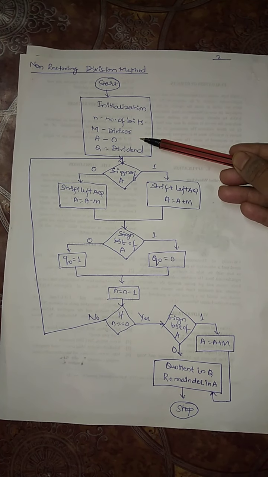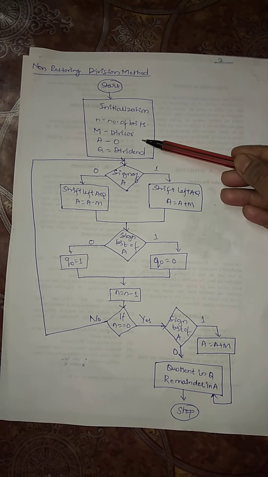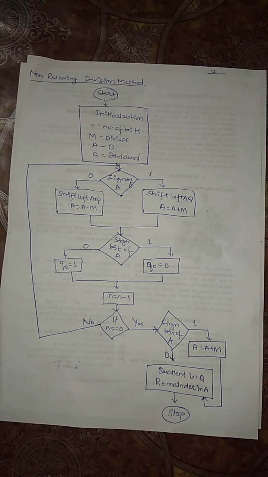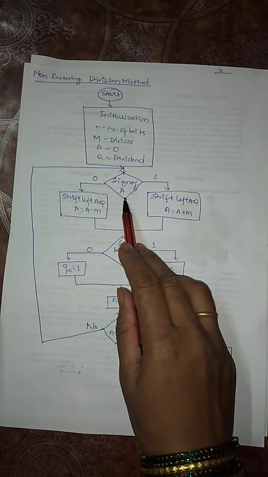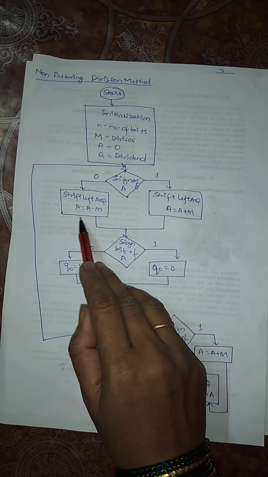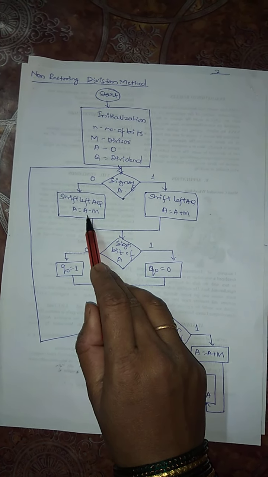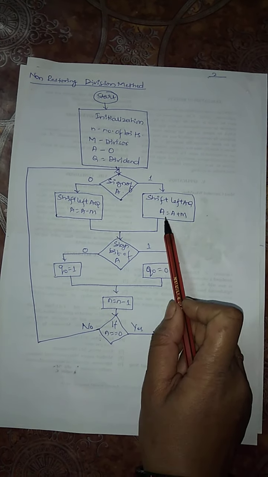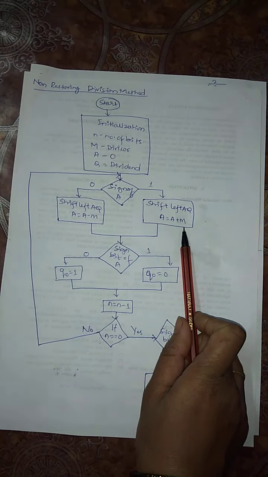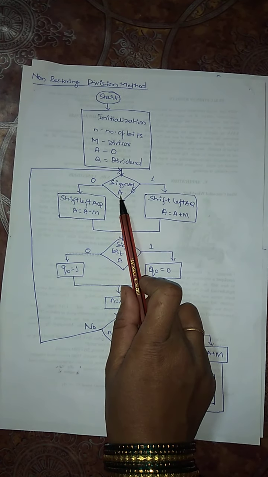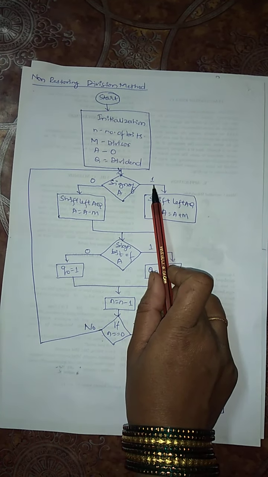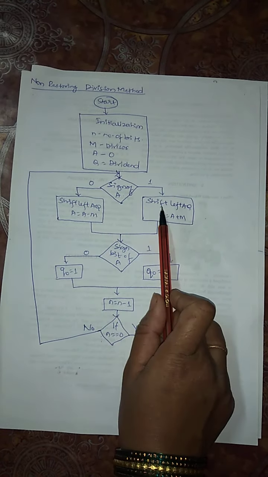Once the initialization is done, we first check the MSB of A, the sign bit of A. Sign bit means the MSB of accumulator A. If it is 0, then we do shift left, A is equal to A minus M. If the MSB is 1, then we do shift left, A is equal to A plus M. So in any condition, whether the sign bit is 1 or 0, first we do the shift left.